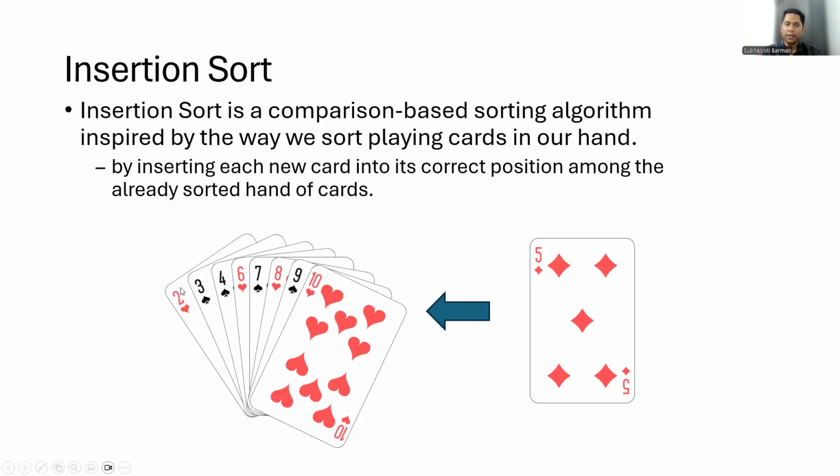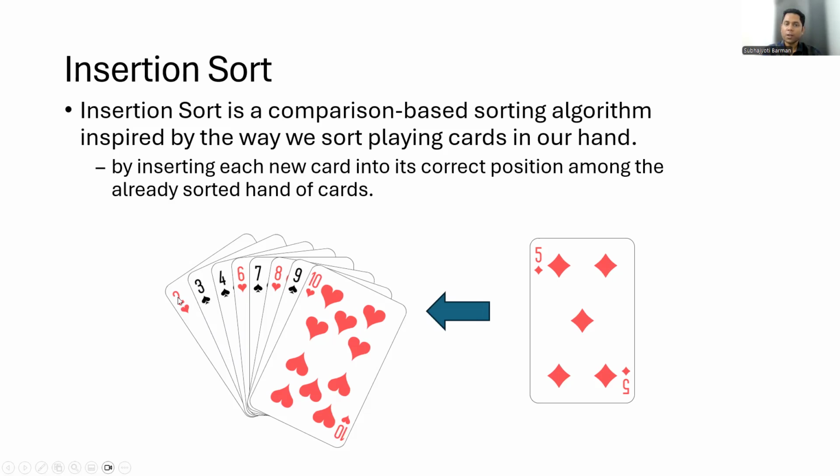Fine. So let's say we have one hand of sorted cards and we just received another one. So previously there were 2, 3, 4, 6, 7, 8, 9 and 10, and all these cards are already sorted, but now I received a new card which contains 5. Forget about the face symbols, just concentrate on the numbers.